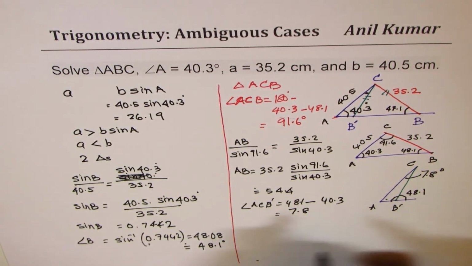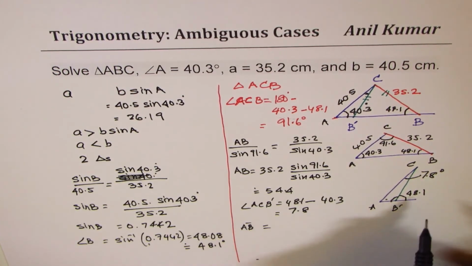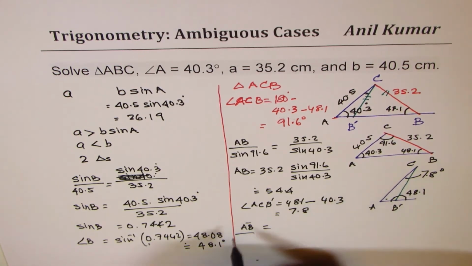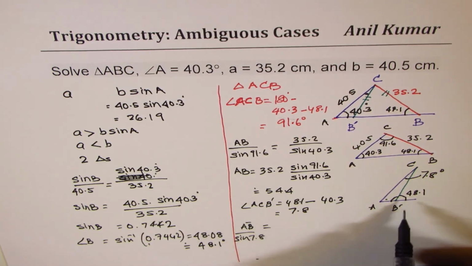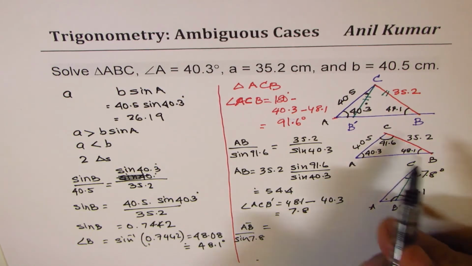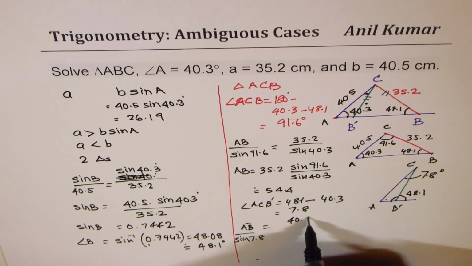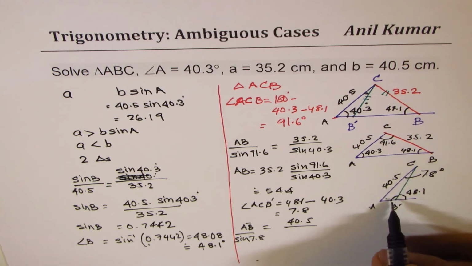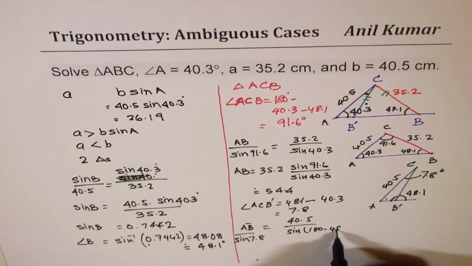And therefore the side AB dash should be equal to, so we'll just write sine law first. AB dash over sine of 7.8 is equal to, we are given 40.5, this side is 40.5, over sine of 180 minus 48.1.